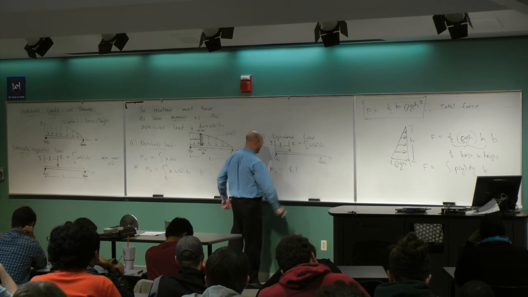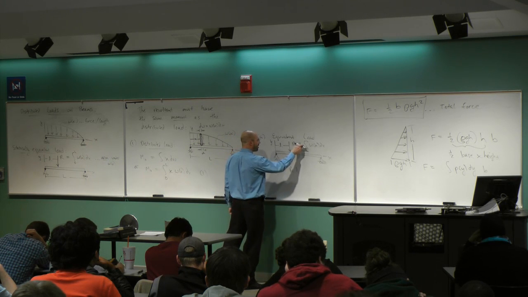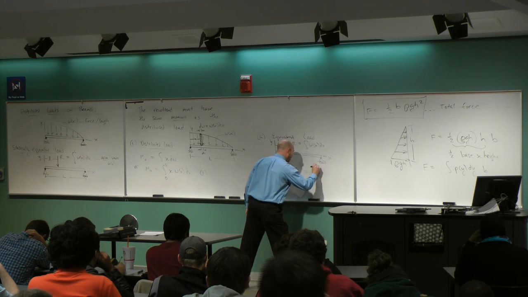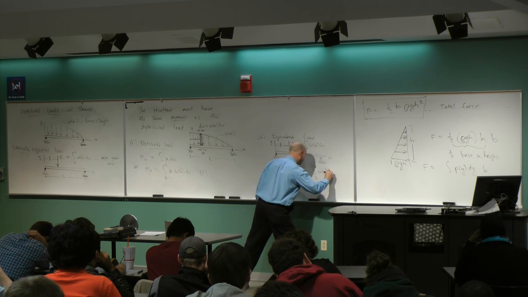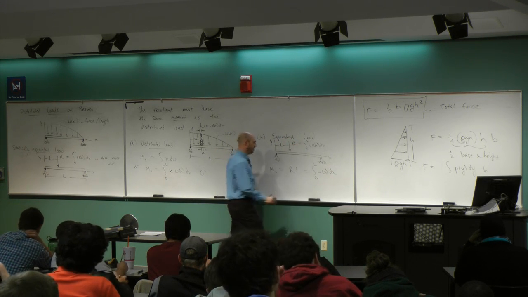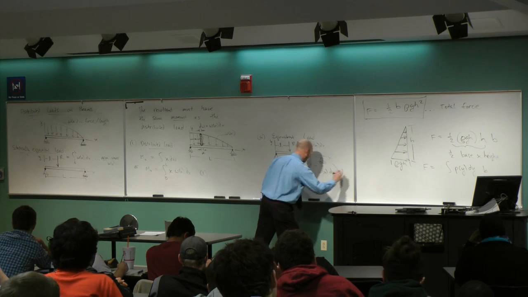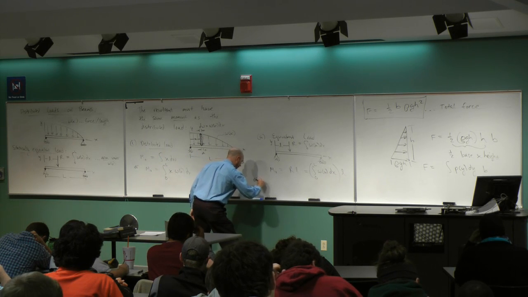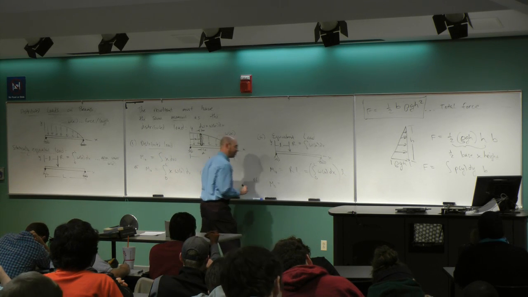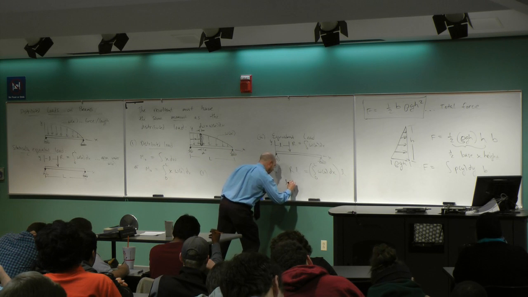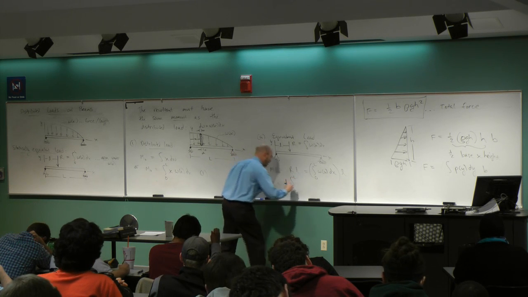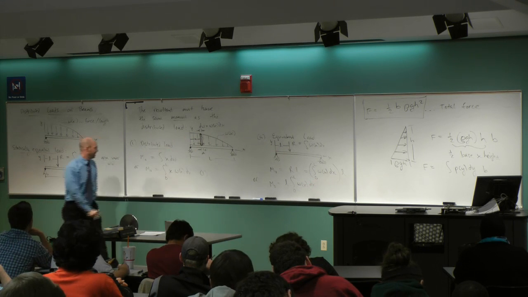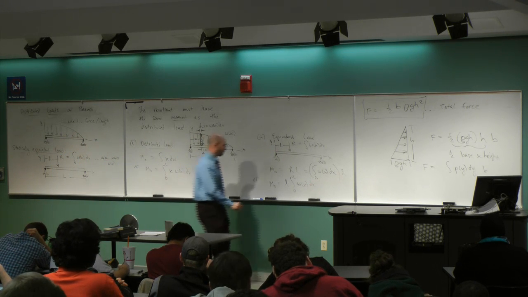So I need R times l, but R is actually an integral, the integral from 0 to capital L of w of x dx, multiplied by l. It's cleaner to write the l on the left side. So I'll write M naught, the moment, as small l times the integral from 0 to big L of w of x dx. That one I'm going to call equation 2.